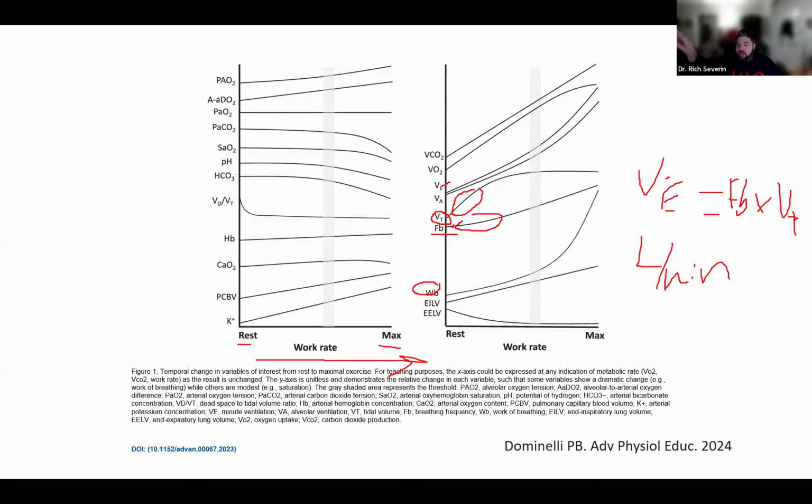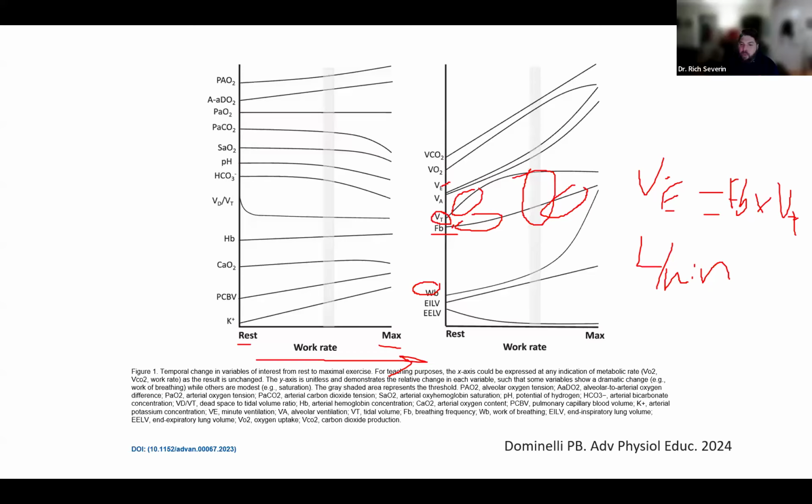They're both increasing, but tidal volume increases much more than the frequency of breathing at the onset of exercise until we get to roughly about 40%, not 50%, of maximal exercise, where frequency begins to rise more rapidly. It's kind of interesting. You can see the same thing with heart rate and stroke volume, but that's neither here nor there.